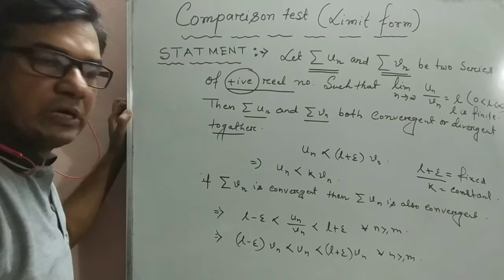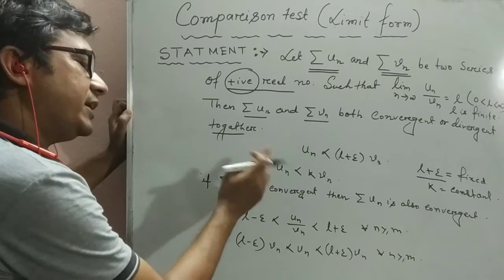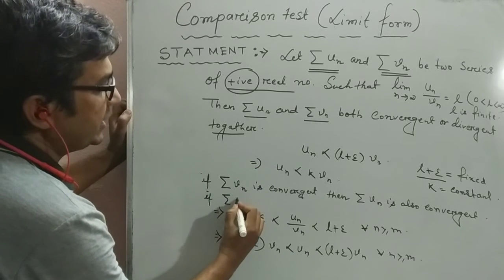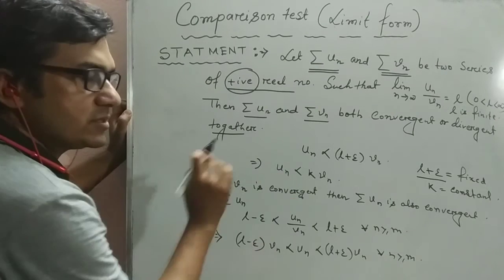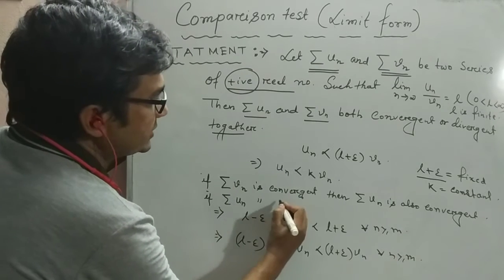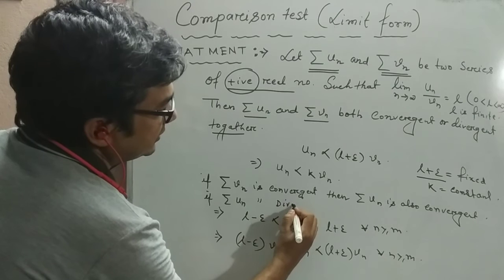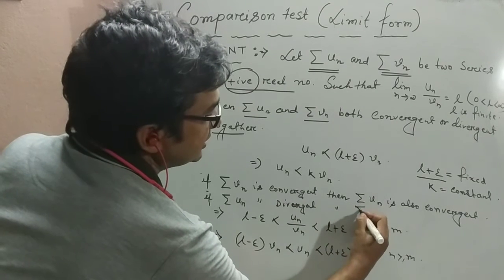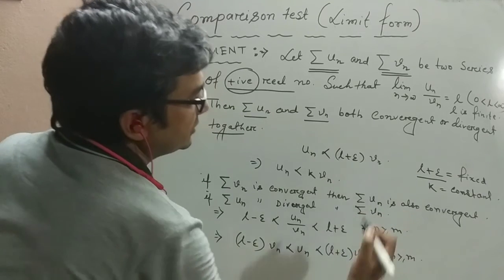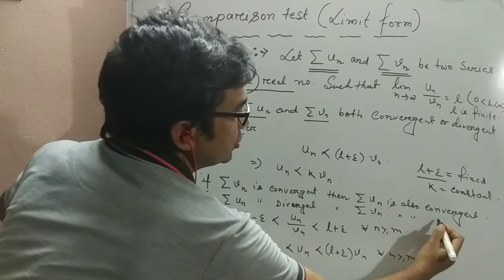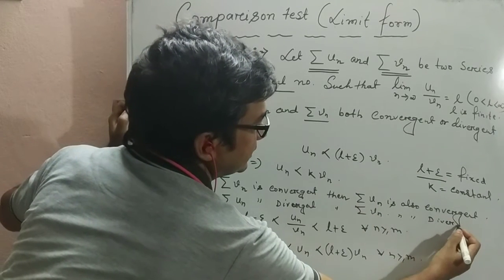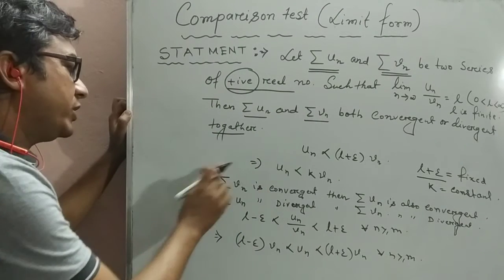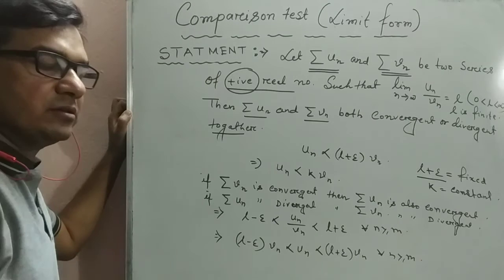Also, it states that if summation un is divergent, then summation vn is also divergent. Okay, from this relation we get these two lines.